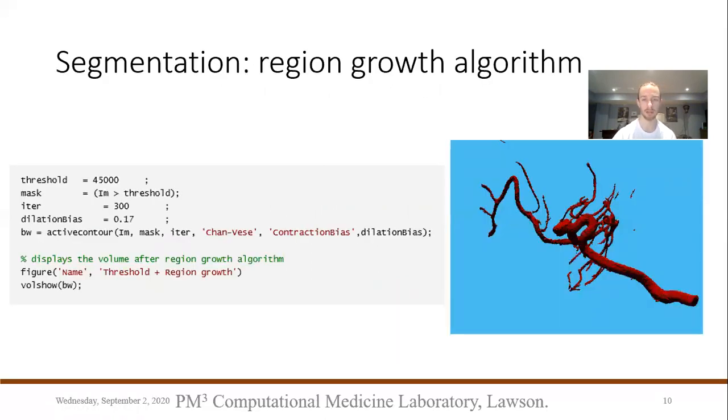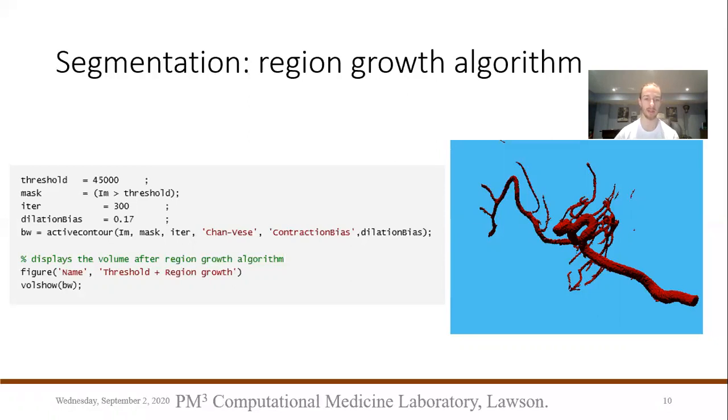Now for the segmentation, using a region growth algorithm. First, I'm creating a list of seed points using a threshold. So anything above brightness 45,000 is going to be a part of my seed point mask. And then I'm using the function activecontour, which is a MATLAB function that is basically a region growth algorithm.